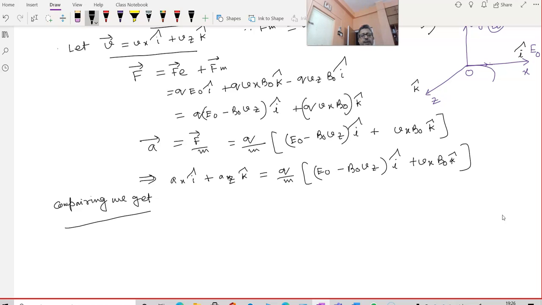Now if we compare the two sides, comparing we get Ax is Q by M into E0 minus B0 Vz, and Az equal to Q by M into B0 Vx, the same expression.